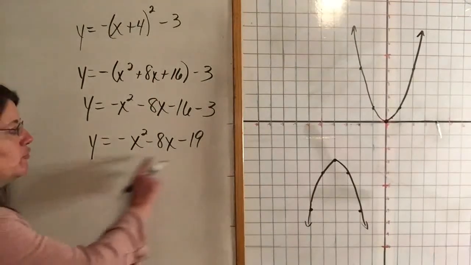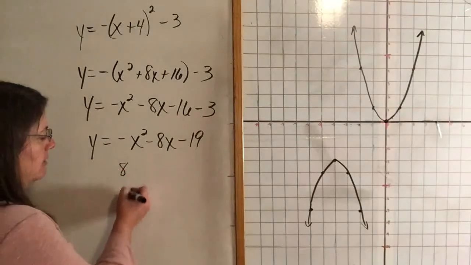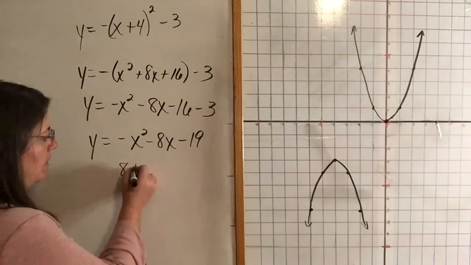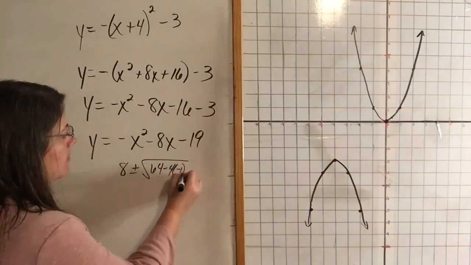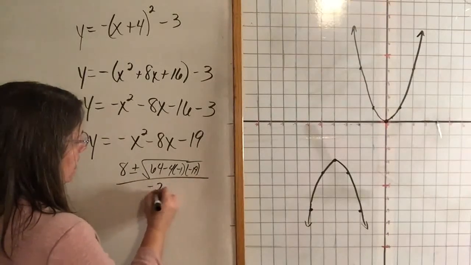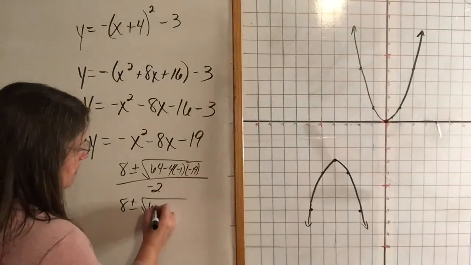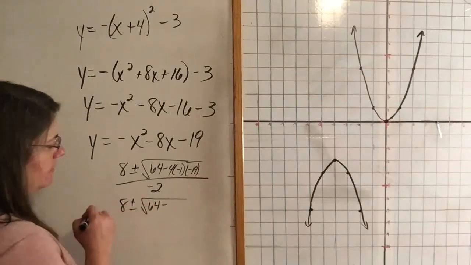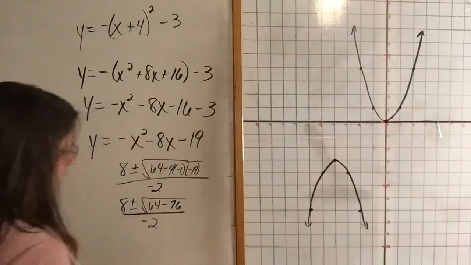So with this one, if I'm trying to find the roots, I'm just going to use the quadratic formula. -b, which is 8, plus or minus the square root of b squared, minus 4 times a times c, all over 2a. So I have 8 plus or minus the square root of 64 minus 76, still over -2.